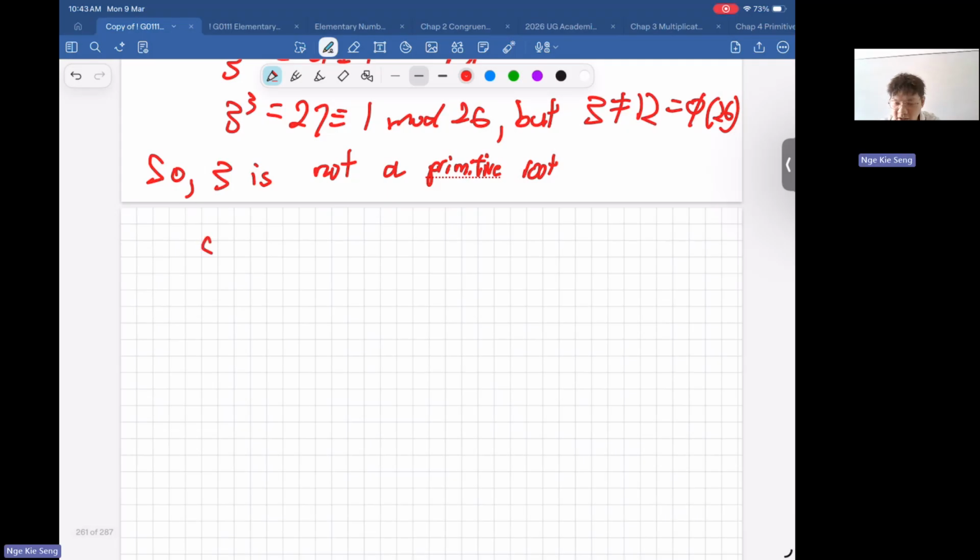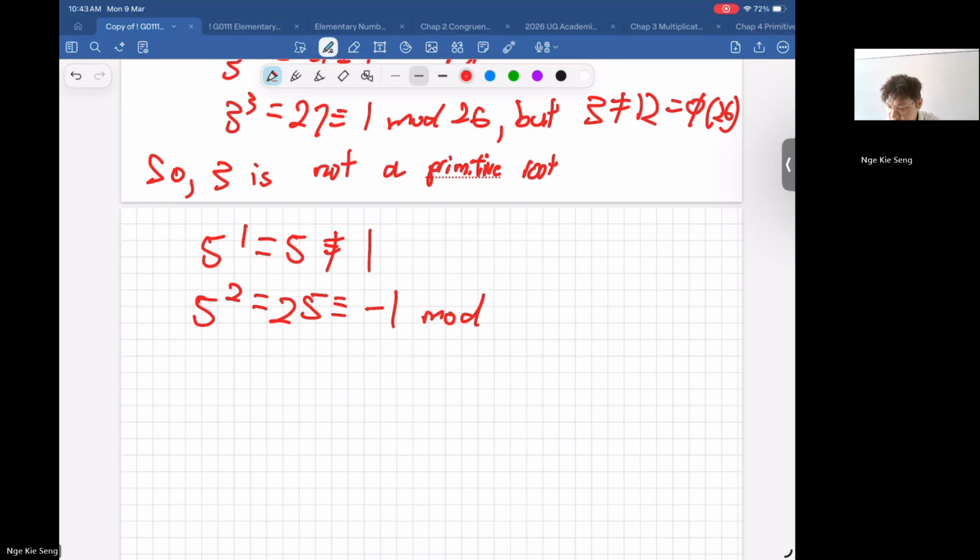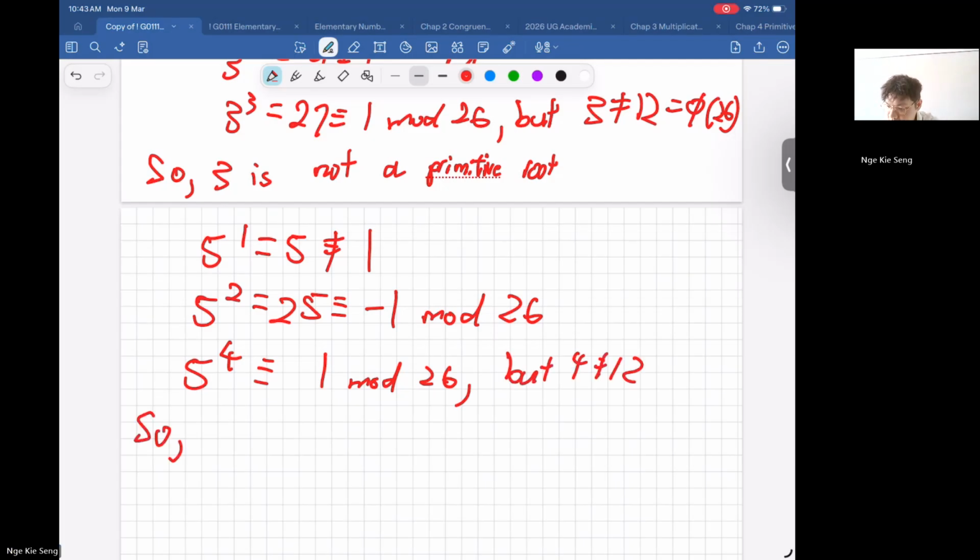So if you go on checking 5, 5 is not a primitive root also, because it goes to 1 at power 4. So 5 is not a primitive root.